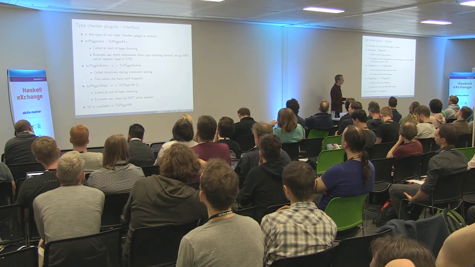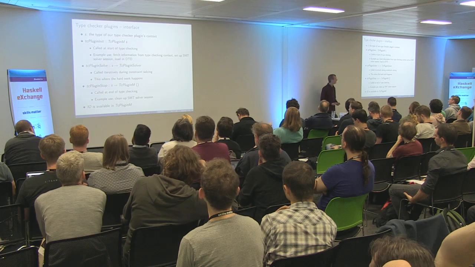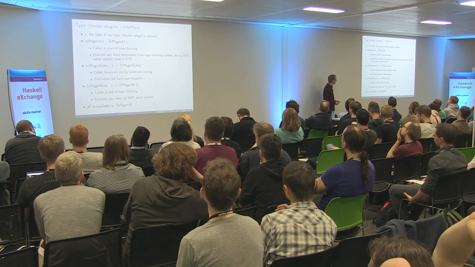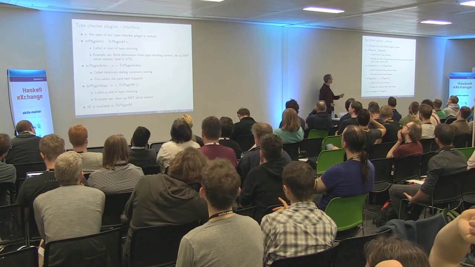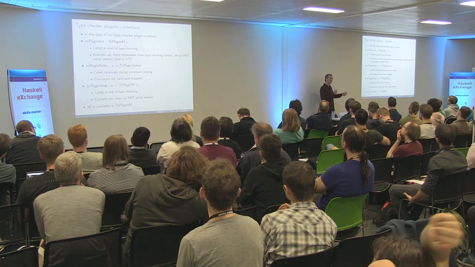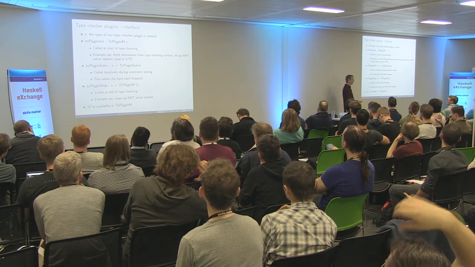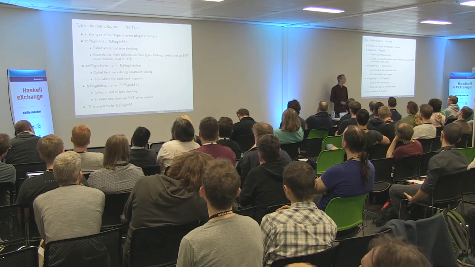But you can also use it to talk to the outside world. So you can set up an SMT solver or stuff like that, or do something crazy like download a DTD from this website to make sure that all your XML that you're generating in your Haskell program satisfies this DTD.